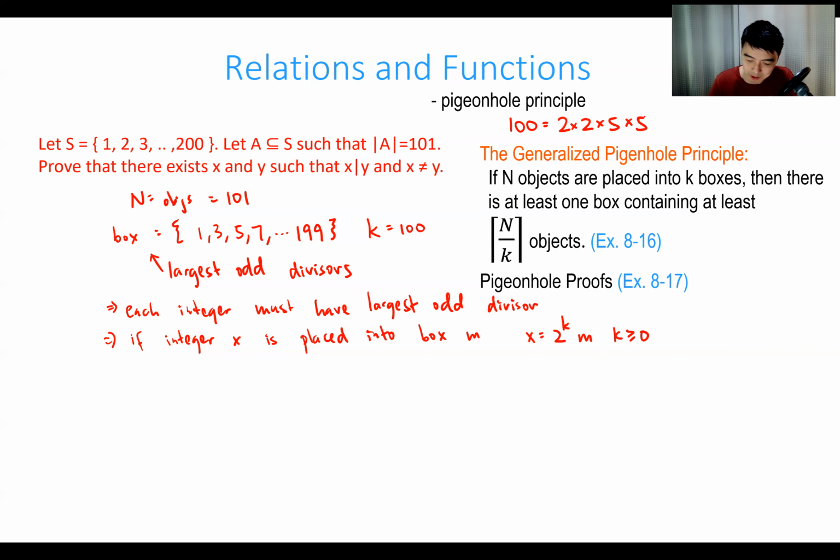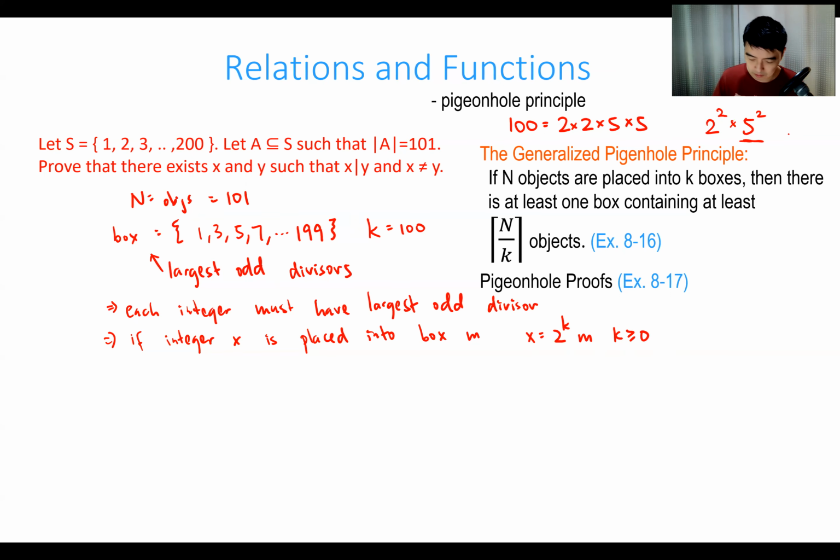So 100 can be uniquely written as 2 to the 2 times 5 to the 2, which is 25. So 100 would go into box number 25, corresponding to the largest odd divisor. Take a second to convince yourself that every single number has this.